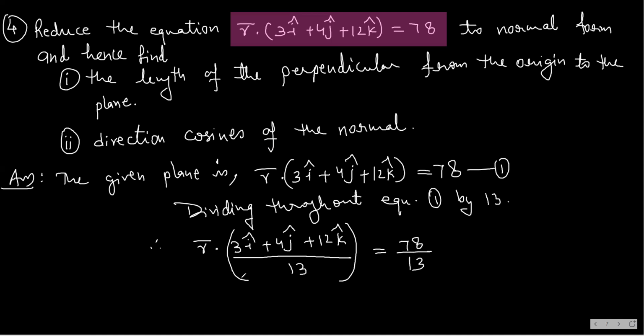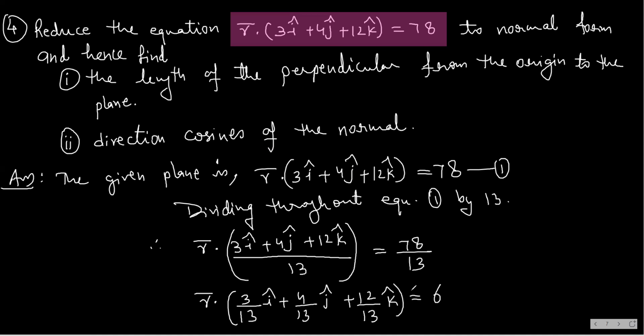So r bar dot (3 by 13 i cap plus 4 upon 13 j cap plus 12 upon 13 k cap) equals 6, since 13 times 6 is 78. Now this equation 2 which you got is the normal form.